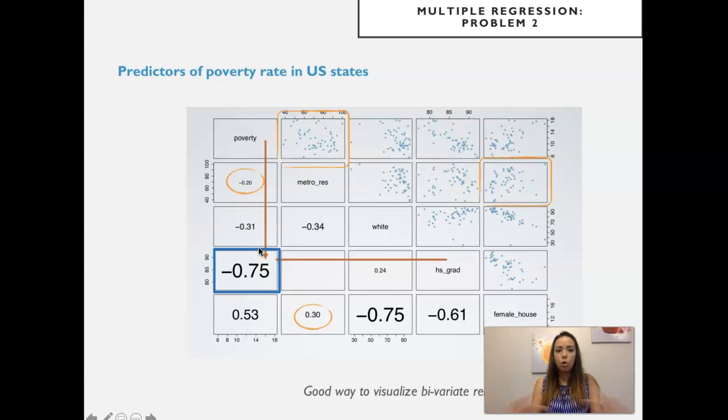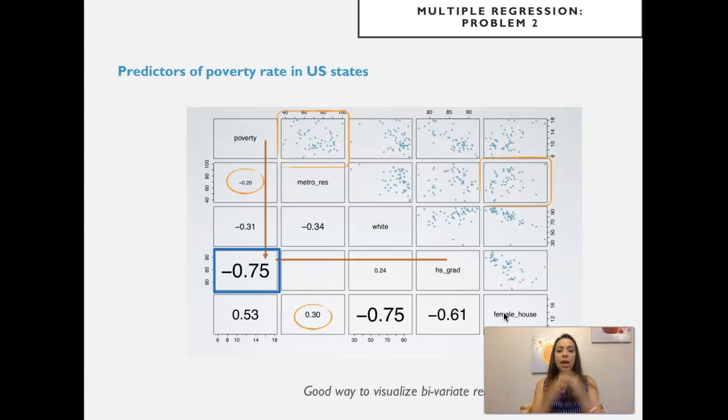Now, why are these plots useful? For a couple of things. When you collect data to predict a particular variable of interest that you have, imagine poverty is your variable of interest, and you have hypotheses about what are the kinds of explanatory variables that could be helpful there, and you decide to collect percent of people living in metropolitan areas, percentage of white people living in the area, percent of high school graduates, percent of females that are heads of households as your hypothetical variables.